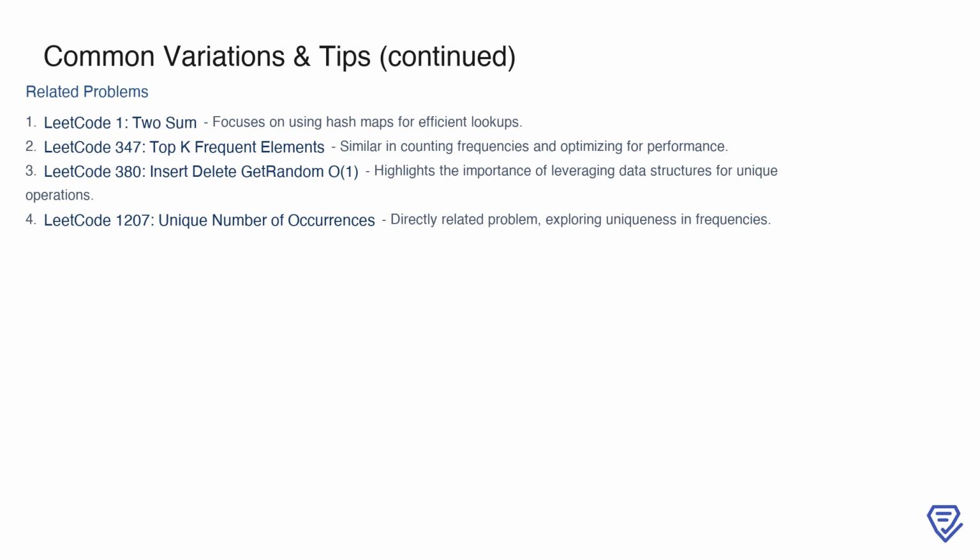Another related problem is LeetCode 380, Insert Delete GetRandom O(1), which illustrates how leveraging the right data structures can enable unique operations efficiently. Of course, LeetCode 1207, the Unique Number of Occurrences problem itself, is directly related, as it focuses on verifying the uniqueness of frequency counts. By studying these problems, you'll notice common patterns and techniques that can be applied across different scenarios.